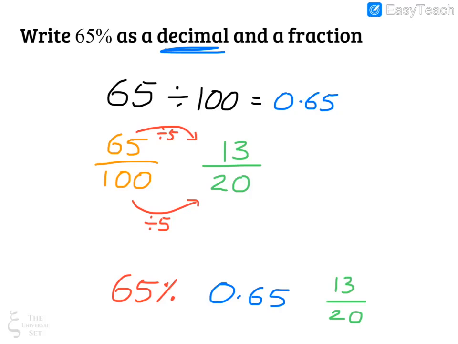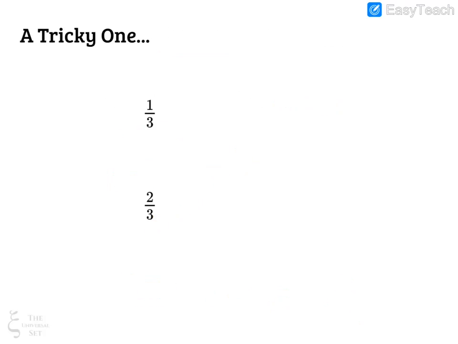There's two now that I'm going to show you that are a wee bit trickier. And they're tricky because 3, this number on the bottom, isn't easy to change into 100, because what we were doing with all the previous examples was we were going, let's write them over 100, and then we have to say, right, 3 times what makes 100?